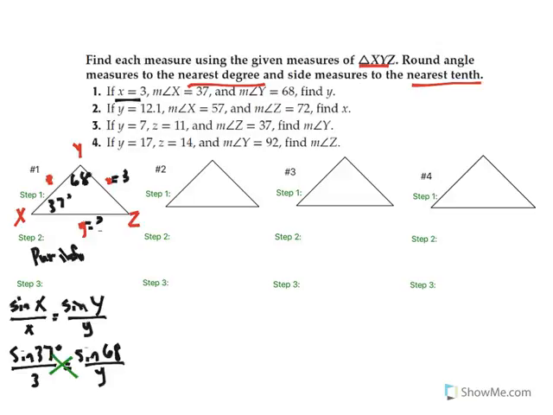Now I cross multiply, and I get 3 times the sine of 68 degrees equals y times the sine of 37 degrees. I divide both sides by the sine of 37. Sorry, I ran out of room. And we get y equals, just plug this into your calculator.